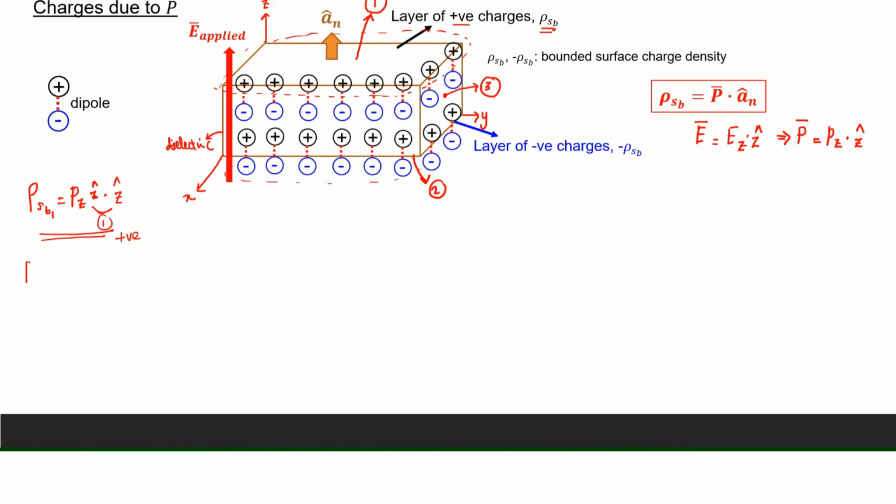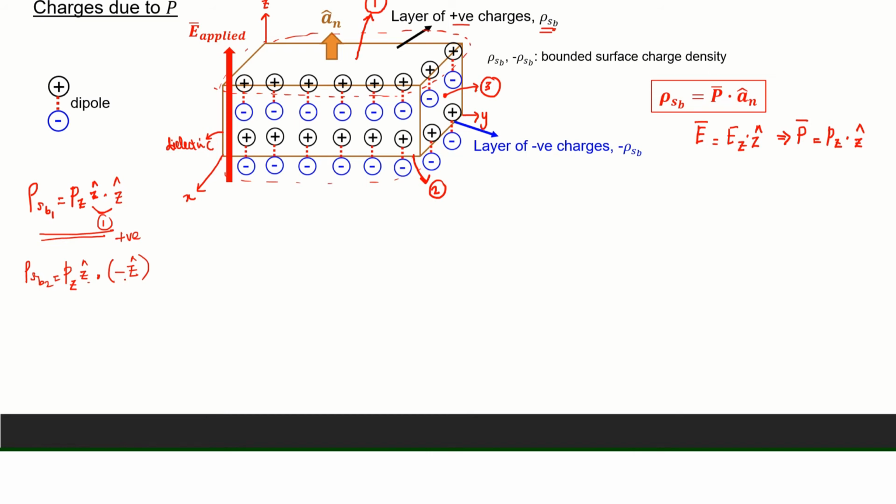How about rho SB2, located at the bottom here? I think you already have the picture. The polarization is in the z direction, because our polarization depends on the electric field, which is in the same direction as z. However, this surface is located at the bottom and its direction is downward, opposite to z, so it is minus z.